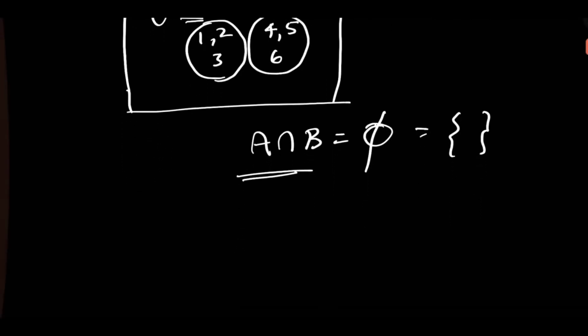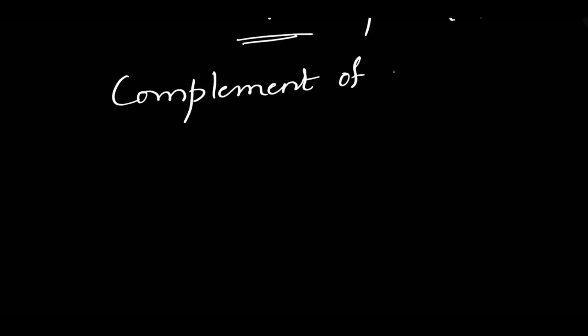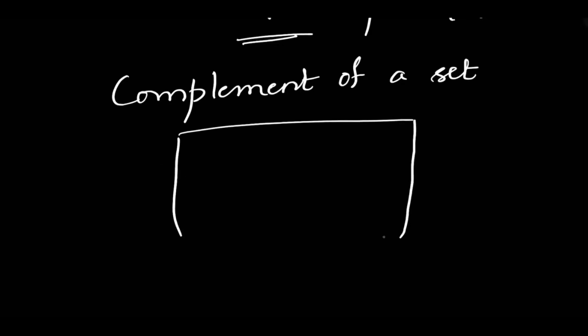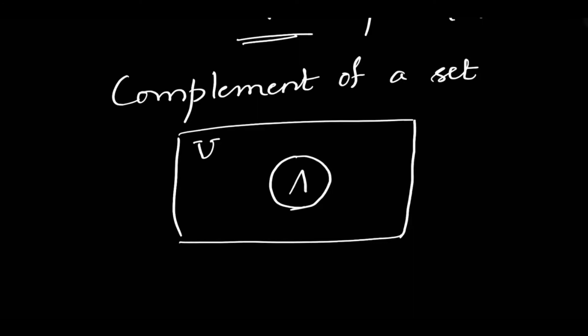Now let us see one more example, the complement of a set. Let us draw the Venn diagram for this. This is the Venn diagram I'm drawing here: the universal set, and you have a set A. Then this is A complement.